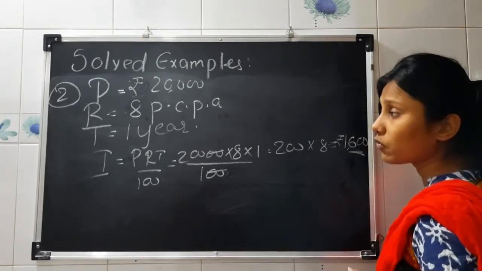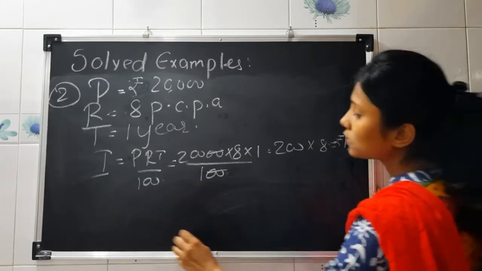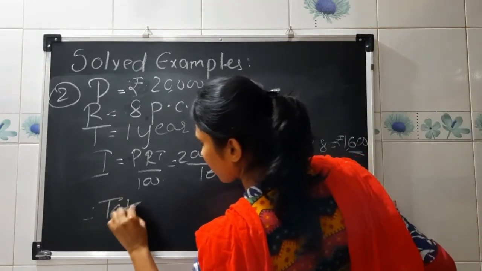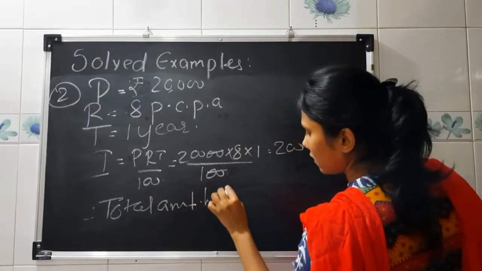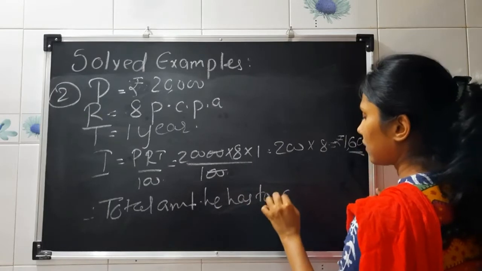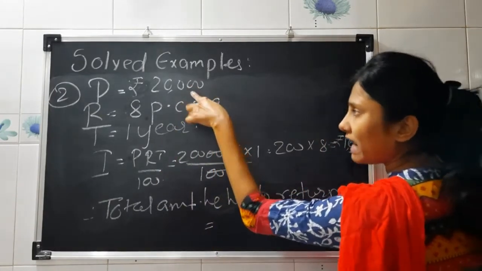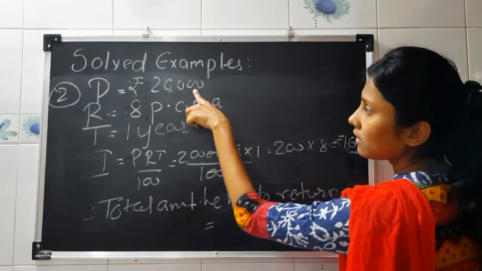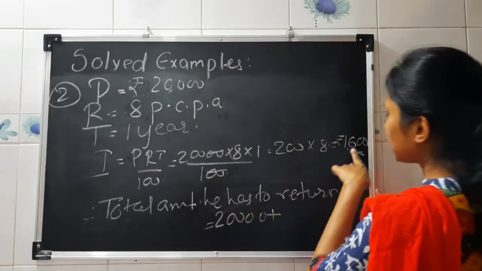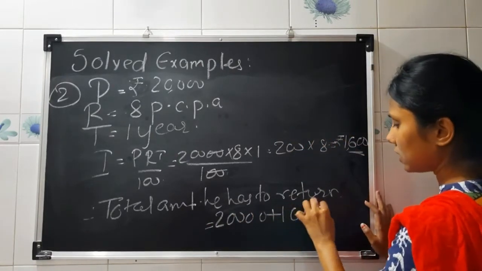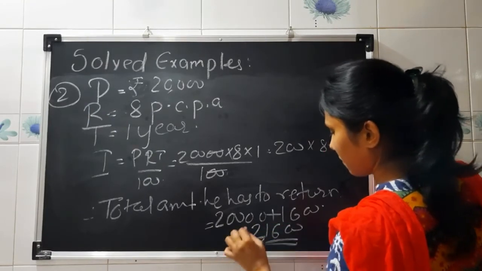Now we have to find the total amount that he should return to the bank. So the total amount he has to return is the 20,000 which he has borrowed from the bank, plus this interest amount of 1,600, that is 21,600.